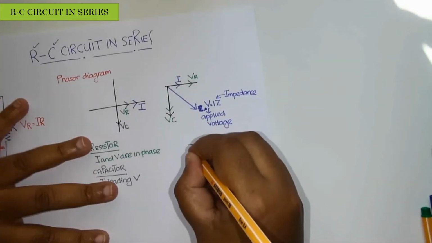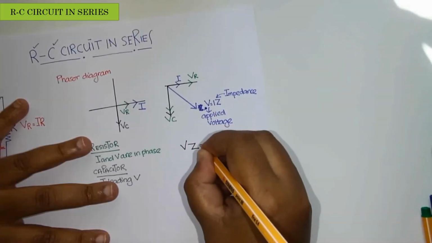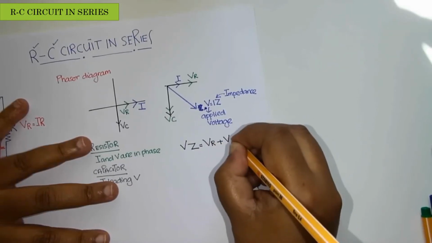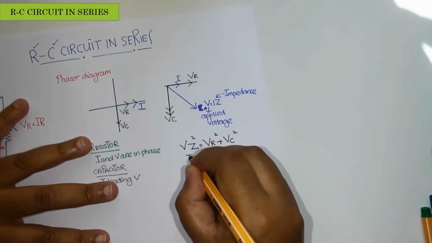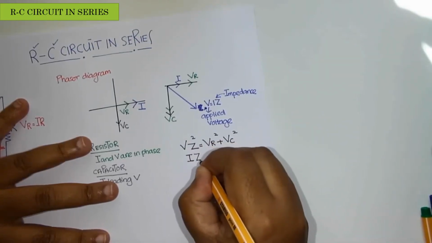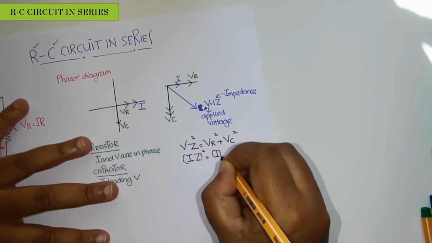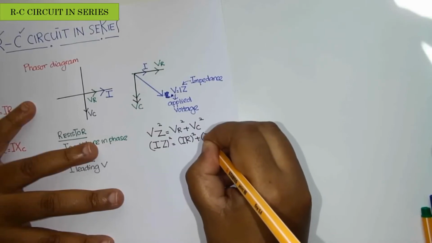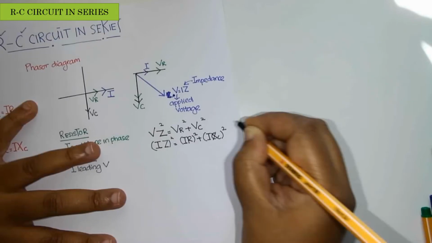We put VZ is equal to VR plus VC, squared. So (IZ) squared equals (IR) squared plus (IXC) squared.